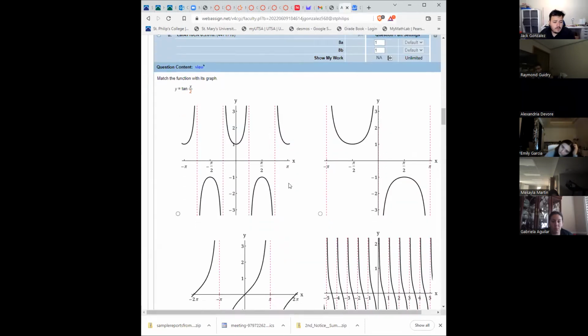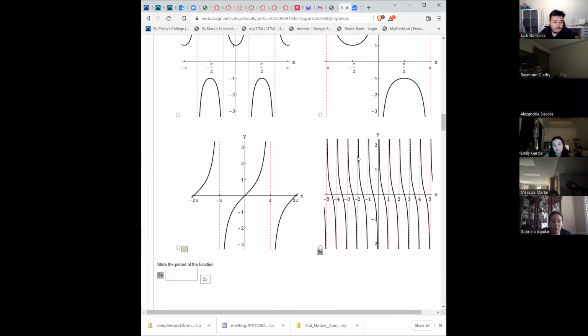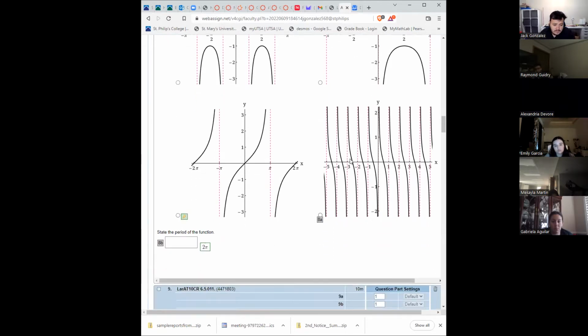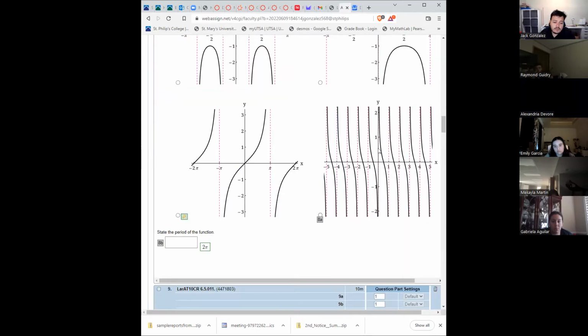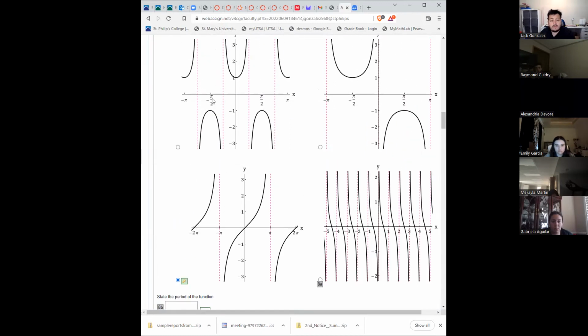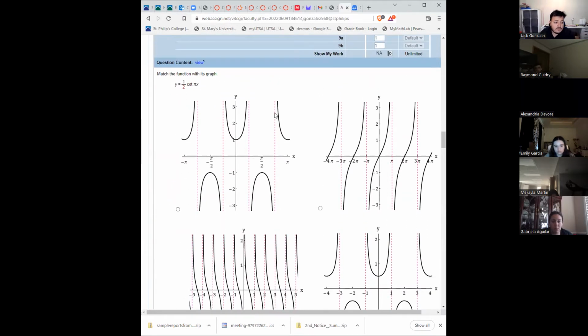Well, not A or B, that's for sure. Could be C or D. It's going this direction, so not this direction. Has to be C, right? So all I want you to do is just graph it on your calculator or on Desmos. Same thing here, just graph it.